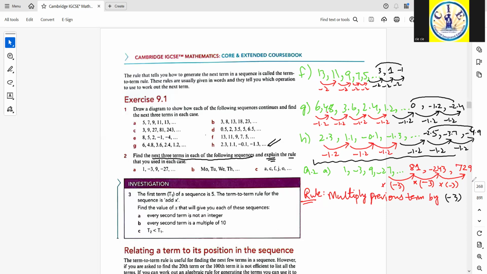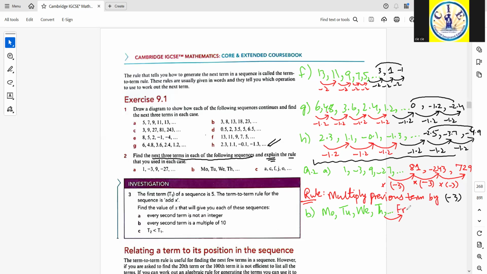with this, it's part B. MO TU WE TH. That obviously gives the first two alphabets of the days of the week. So after Thursday, we would be having Friday.